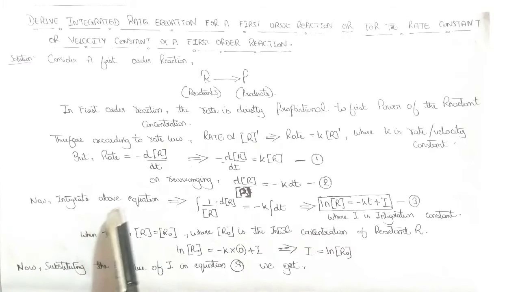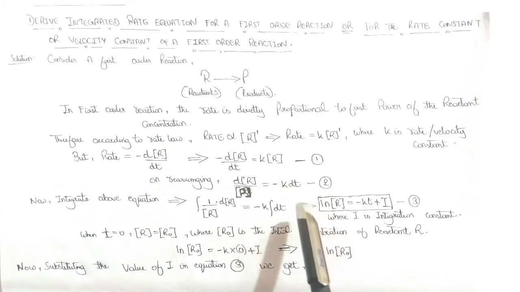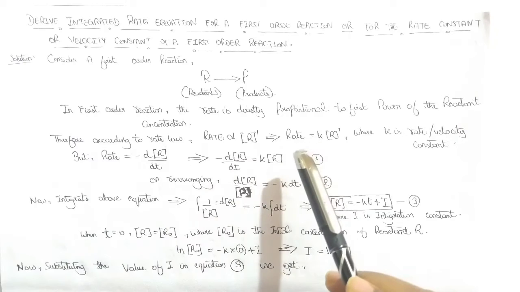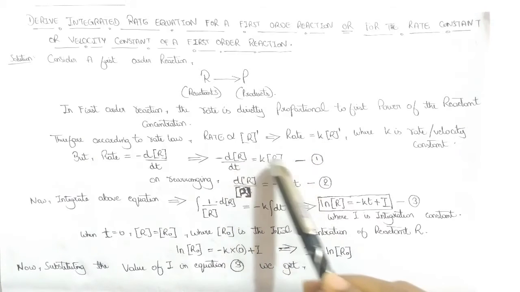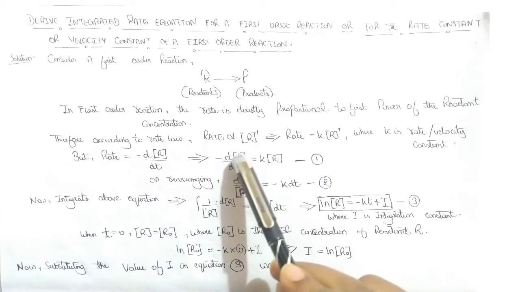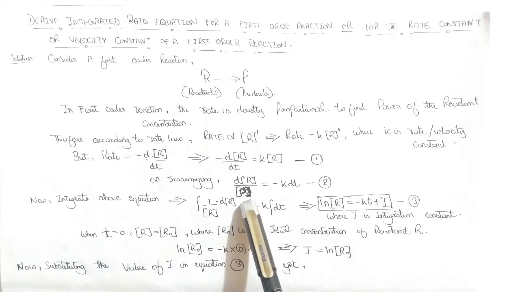Now integrate the above equation, the second equation. Always remember, before the integration you need to make sure that this dt is sent to the other side, and the term which is inside this d is also present in the denominator.